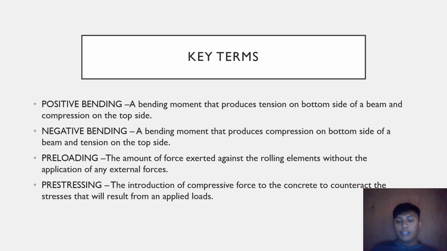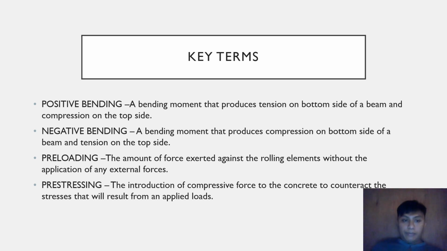If we remember in reinforced concrete design, we commonly design beams which are subjected to compression on the top side and tension on the bottom side. I hope we all remember that one.